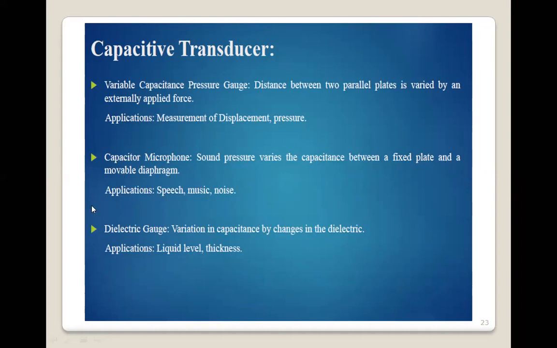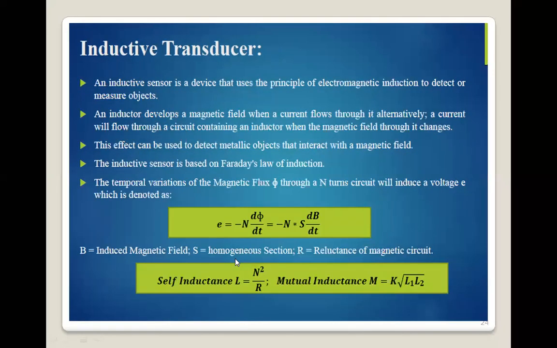Another example is the capacitor microphone, used for speech, music, and for the detection of noise. The third one is the dielectric gauge, that is variation in the capacitance by change in the dielectric. For example, the application is liquid level. We use it for the measurement of liquid level or thickness of any material.